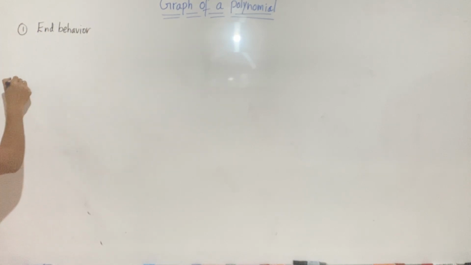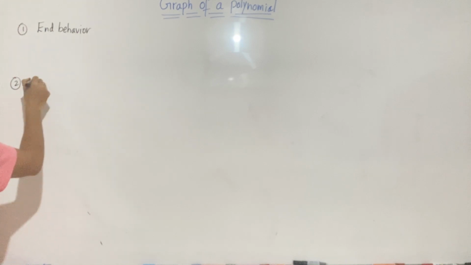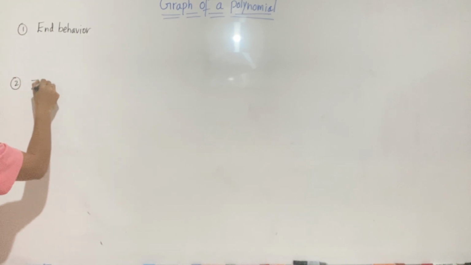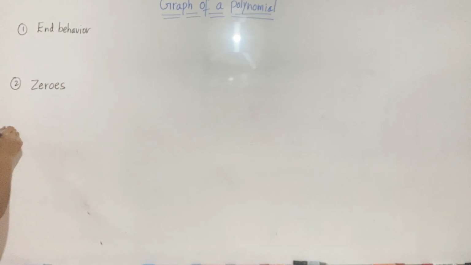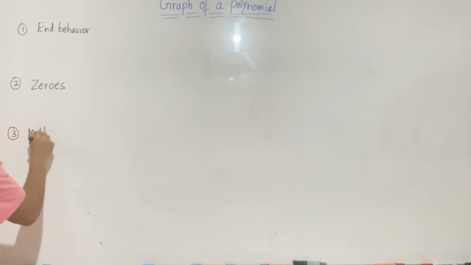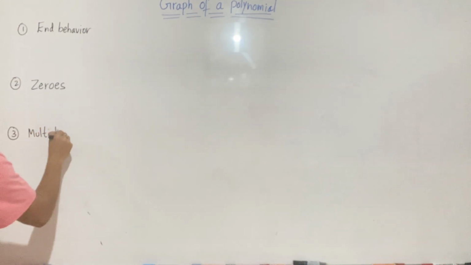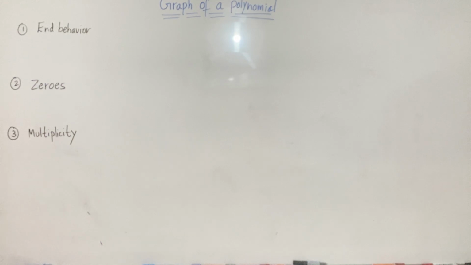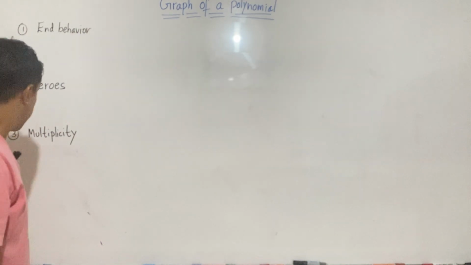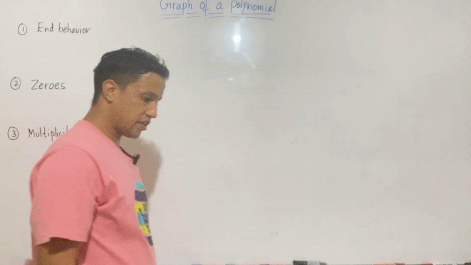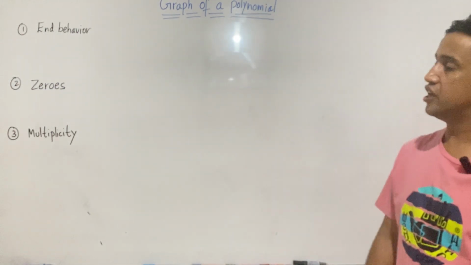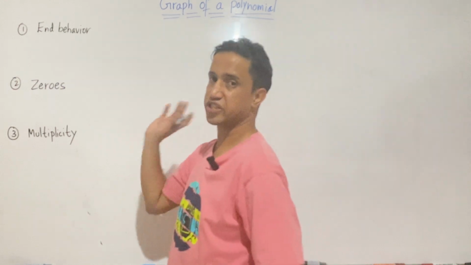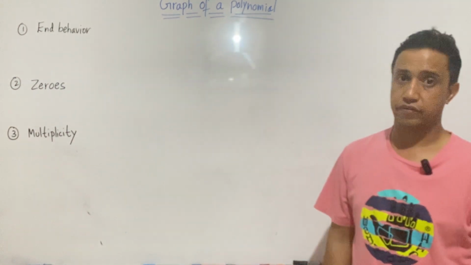Then the second thing is zeros, and the third thing is multiplicity. So three things are very important to sketch any polynomial graph.